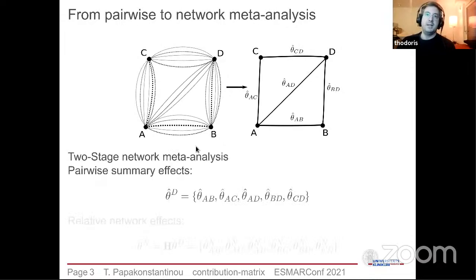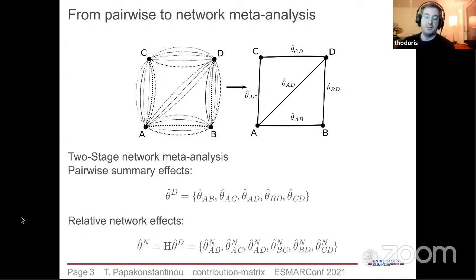So network meta-analysis can be performed as a 2-stage process. In the first stage, we do a normal pairwise meta-analysis. And in the second stage, we synthesize the pairwise effects to get the theta superscript network estimate.